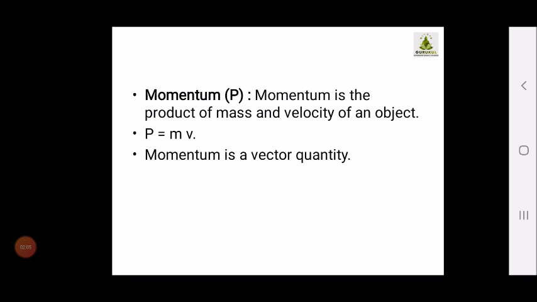Which velocity is it, final or initial? When studying momentum, it will be the velocity in which the object is moving. Kindly make this concept clear, children.